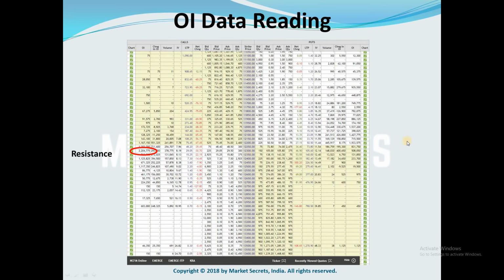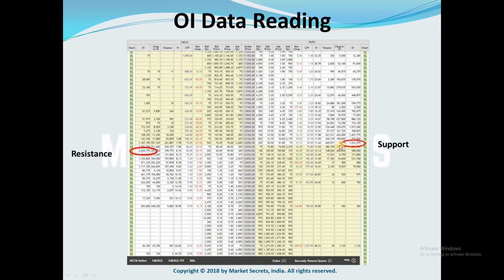The next data you can retrieve is your support. To find the support, look at the OI column on the put side and find which row has the biggest number. If you scroll down, this particular row has almost 19 lakh contracts. So this strike price will be your immediate support, which is 12200.